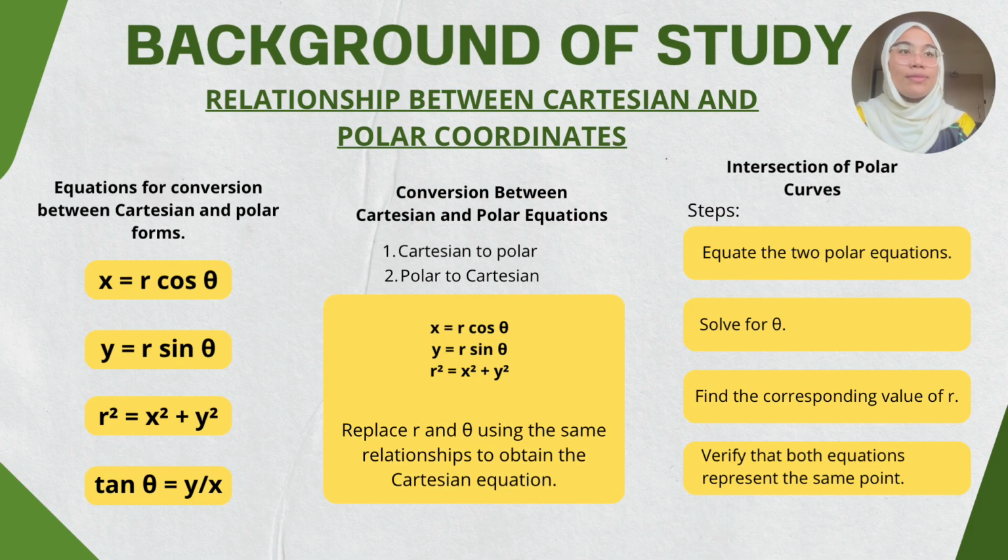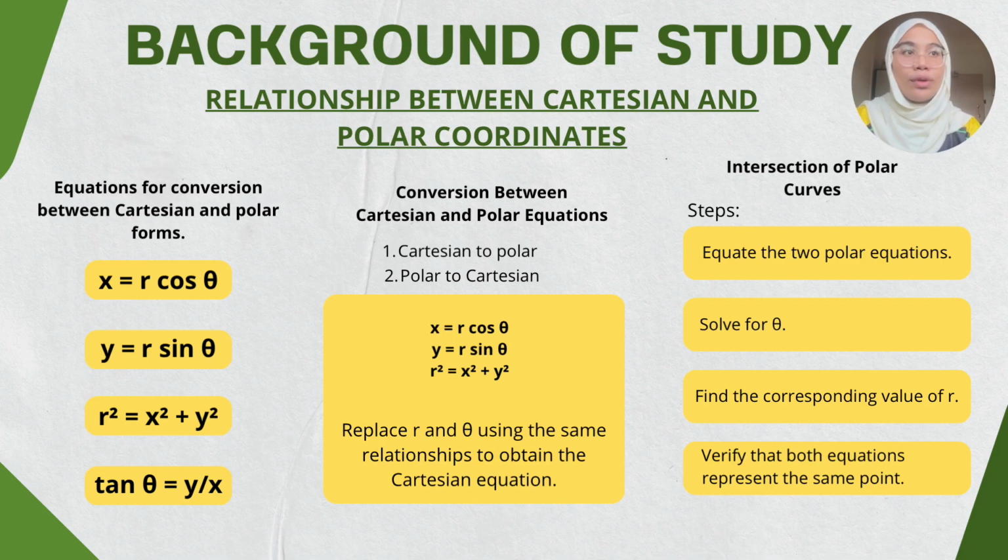Next, I'm going to explain the relationship between Cartesian and polar coordinates. First, we have 4 equations for conversion between Cartesian and polar forms: x equals r cos theta, y equals r sin theta, r squared equals x squared plus y squared, and tan theta equals y over x.